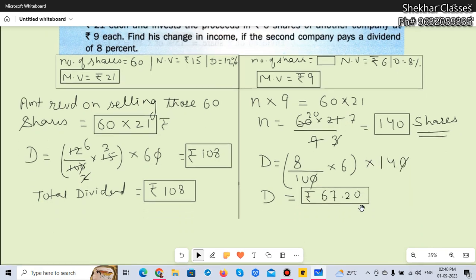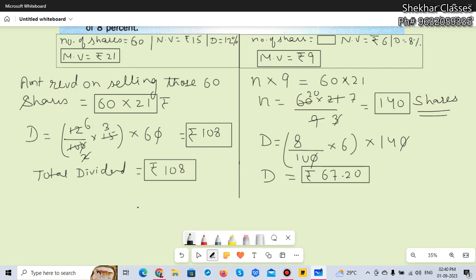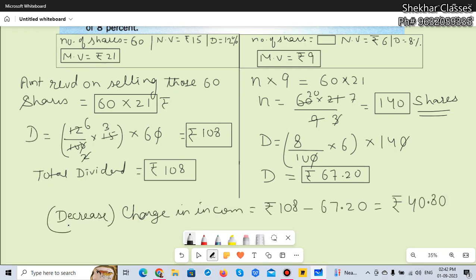The change in income will be what? We have to subtract dividend 2 from dividend 1. So we can say this is dividend 1 and this is dividend 2. So the change in income here will be 108 minus 67.20.